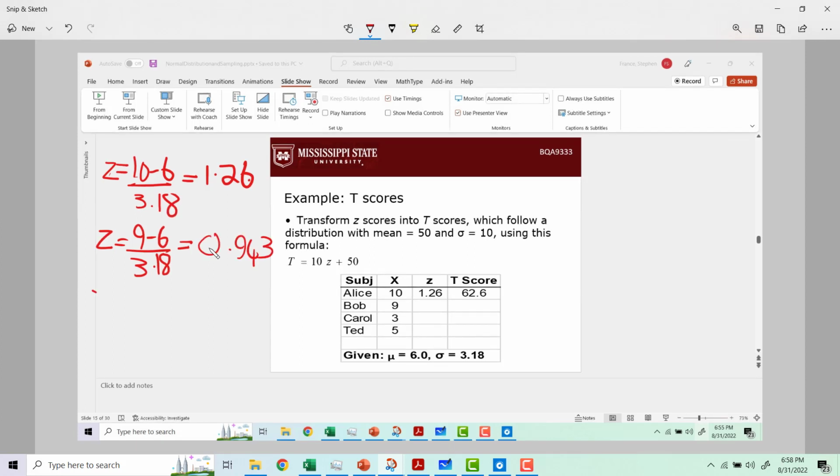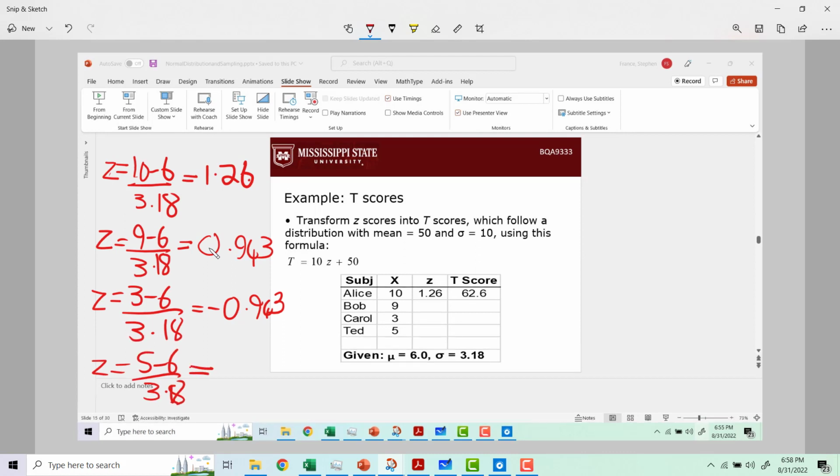And then Carol, now notice 3 minus 6, that's minus 3, so it's just going to be the opposite, but negative. And then Ted is going to be minus 0.314.